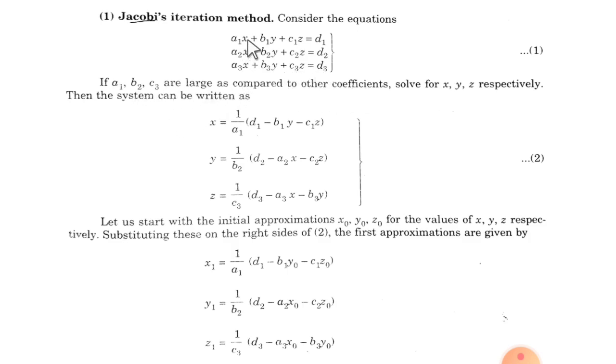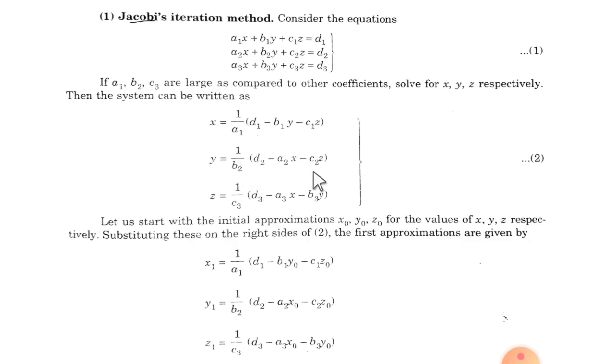We change these equations in terms of x. Taking x, you get x equal to 1 by a1 into (d1 minus b1y minus c1z).